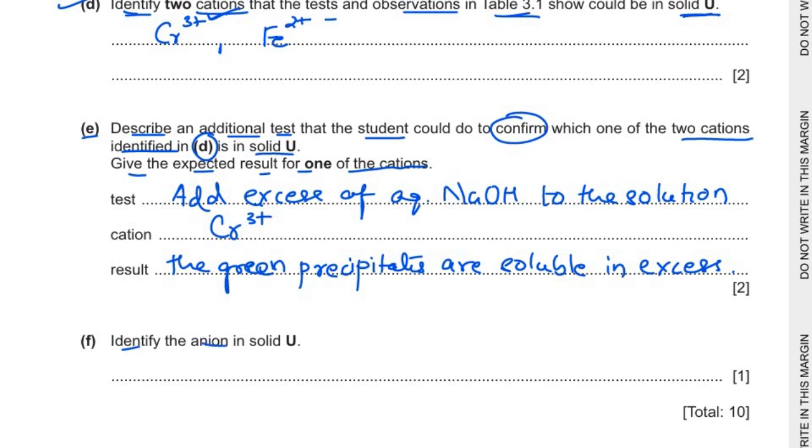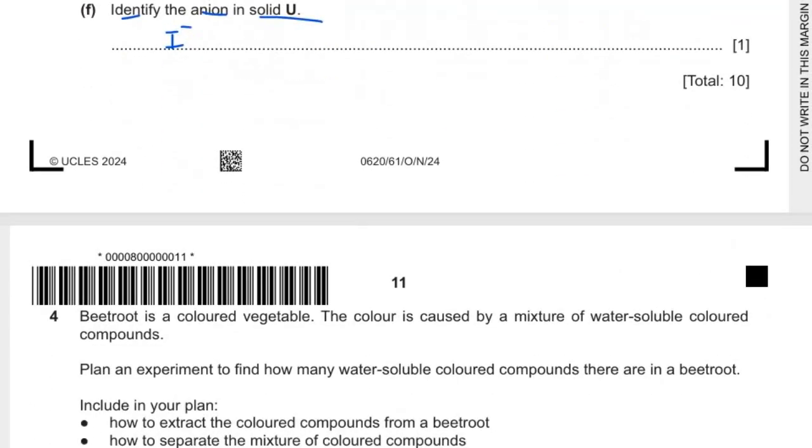Now identify the anion in solid U, and we have already identified that it is iodide ion because the silver nitrate test gave the yellow precipitates. Now yellow precipitates are for iodide ions.